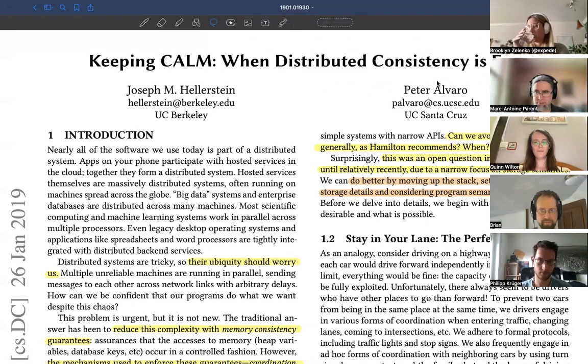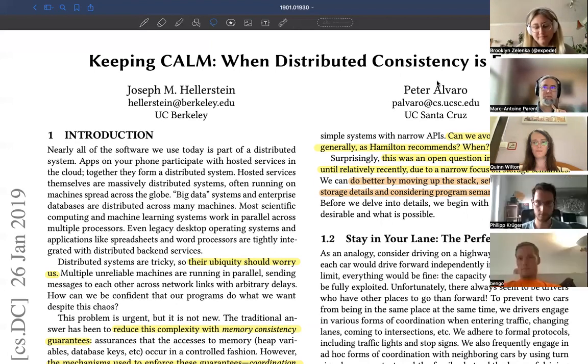The overarching purpose of the paper is to point at CALM, which is a theorem that says that all monotonic programs are programs that don't require coordination, and the inverse is also true, that all programs that don't require coordination to do their thing are also always going to be monotonic.